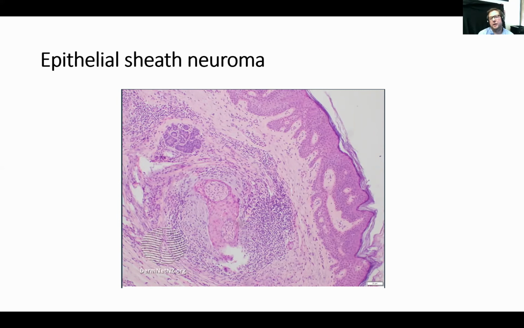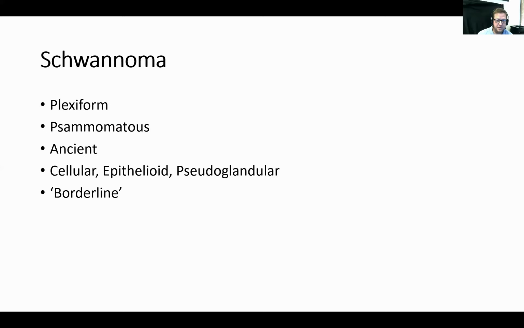And also beware, I don't have a picture of this, but beware of this similar pattern in re-excision specimens. So you may get a re-excision, and during the whole reepithelialization process, you'll get really nice perineural squamous cells that look like invasion, and that can be confusing.